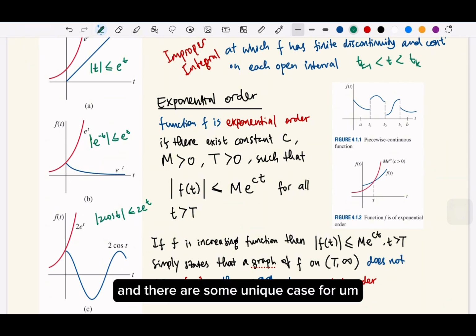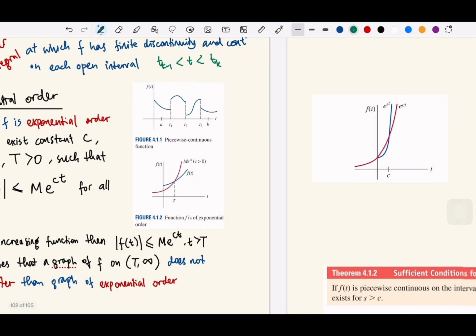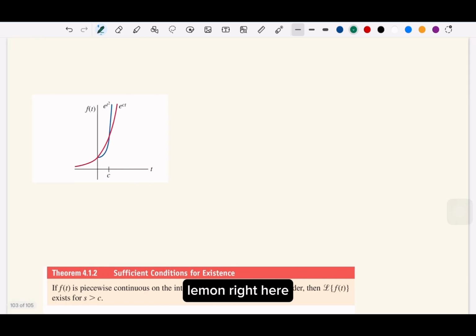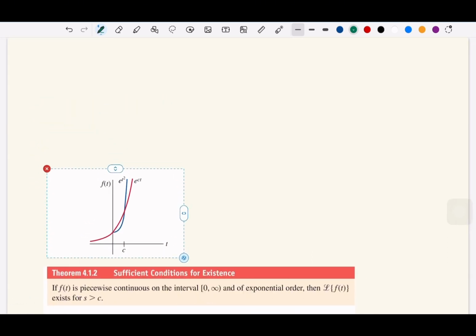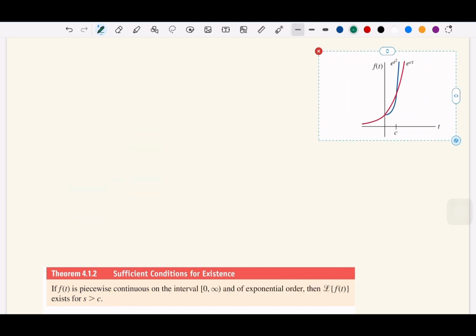And there are some unique cases for the improper integral. Let me write over there.